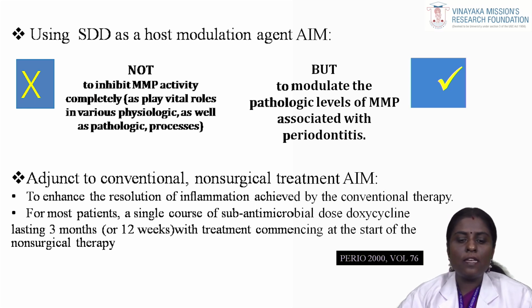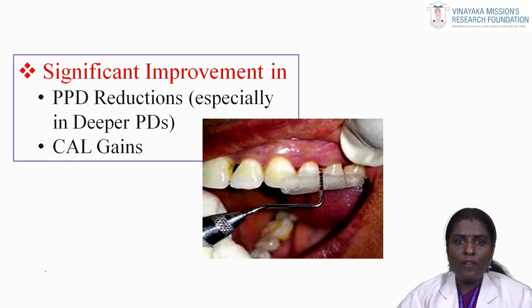For most patients, a single course of sub-antimicrobial dose doxycycline lasting 3 months is given, with treatment commencing at the start of the non-surgical therapy, or it can be used for 12 weeks as an adjunct to non-surgical therapy. When we use Periostat, we have seen significant improvement in probing pocket depth reduction, especially in deeper periodontal pockets, and there is a greater clinical attachment level gain.